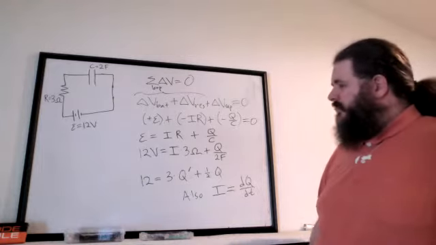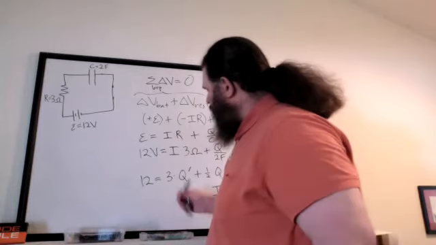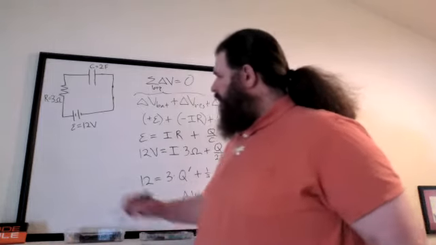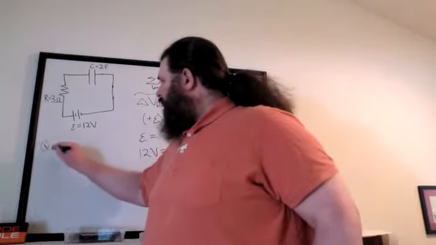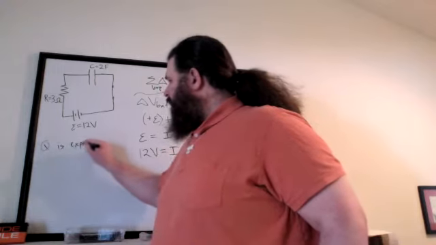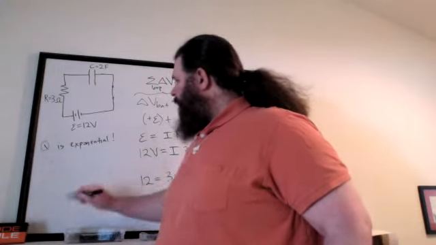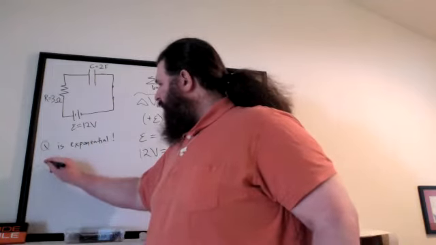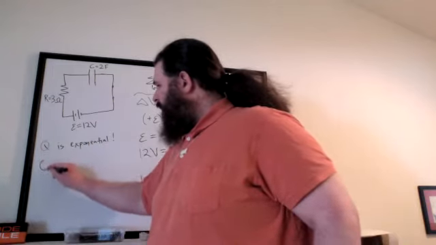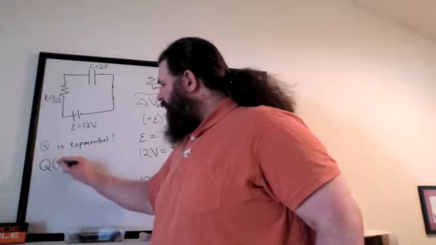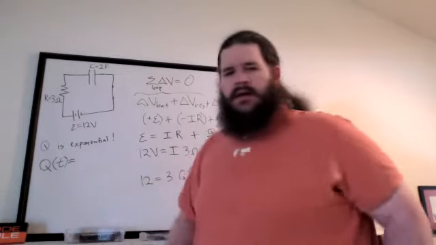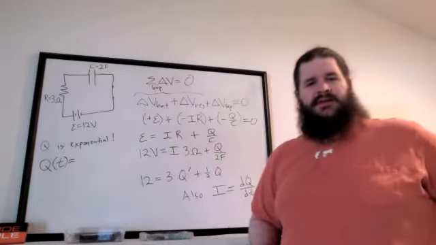And in this case, if we actually try writing that out, we know that charge is exponential. So we should be able to write it as an exponential function. Q of t equals, and how would you expect to write that out?